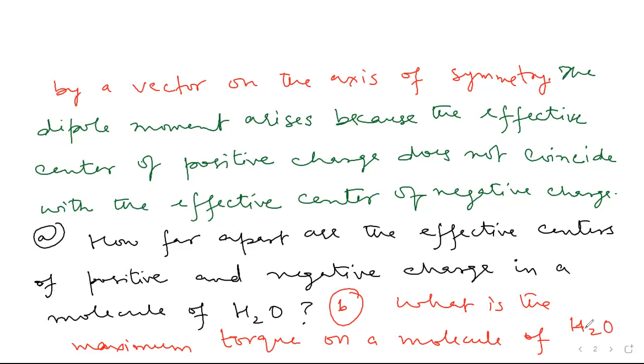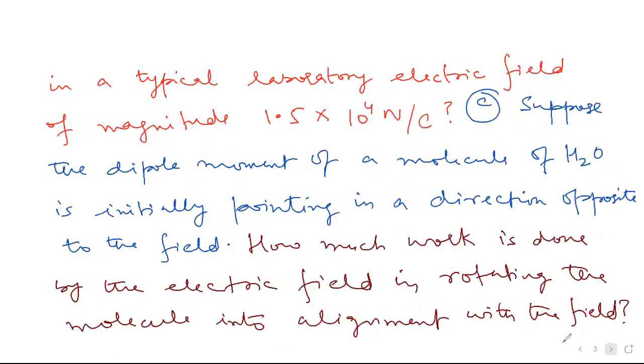Part B says what is the maximum torque on a molecule of H2O in a typical laboratory electric field of magnitude 1.5 into 10 raised power 4 Newton per coulomb.